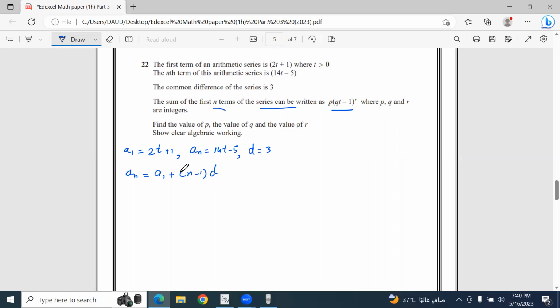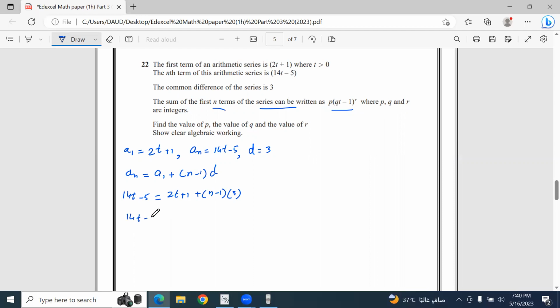Show algebraic working also. So here the nth term is given, which is 14t minus 5, and the first term of the sequence is also given, 2t plus 1, and n minus 1 d. d is 3. Fine.